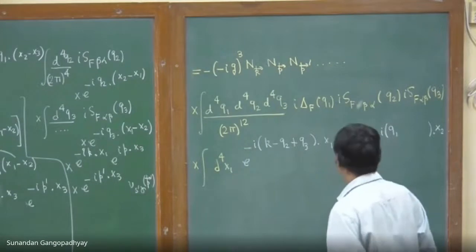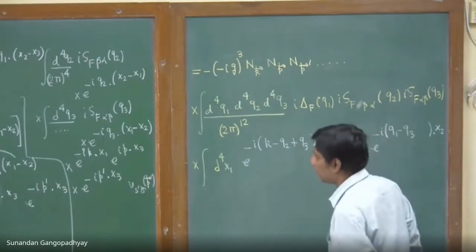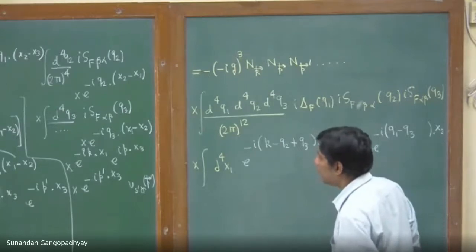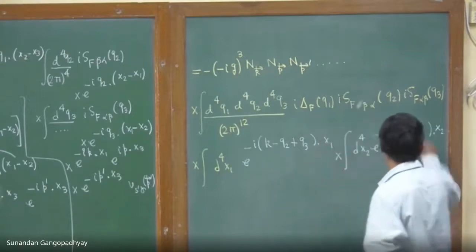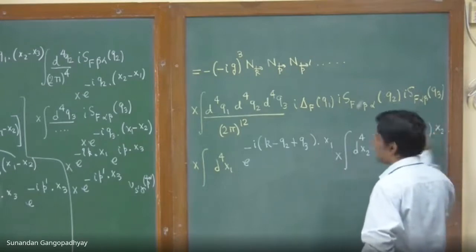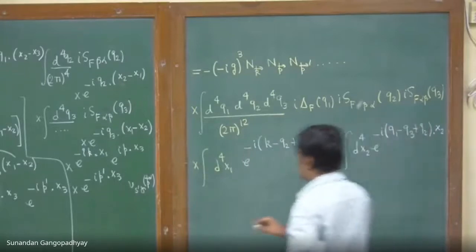So we have minus q3, right? Q3. Another x2. So plus q2, right? Plus q, this one. So that is taken care of.